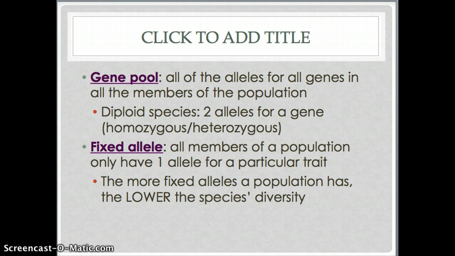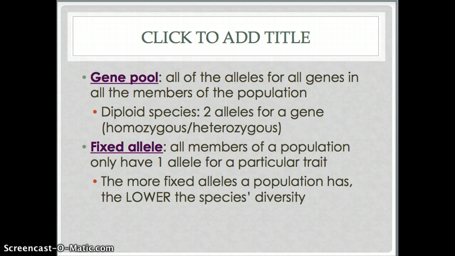Because we have two alleles, we will have two options: homozygous or heterozygous. Homozygous means the two alleles are exactly the same. Heterozygous means the two alleles are different.